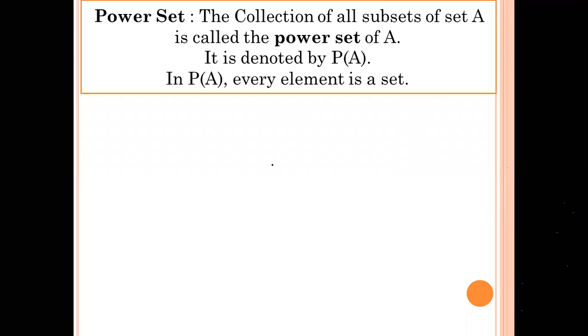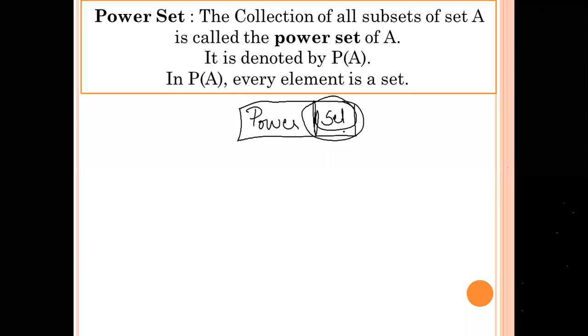Next, coming to the power of a set. What do you mean by power set? Before going into the definition, you can see in the word power set there is also the word set. Set is nothing but a collection, correct?